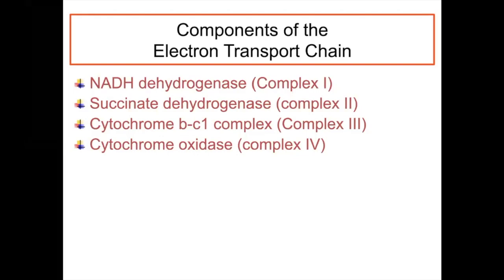So I hope you got this. NADH dehydrogenase, this is complex 1. Succinate dehydrogenase is complex 2. Cytochrome complex is complex 3. And cytochrome oxidase is complex 4. Complex 5 is ATP synthase.